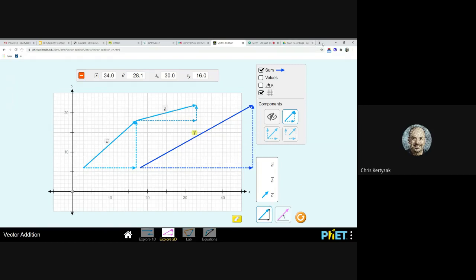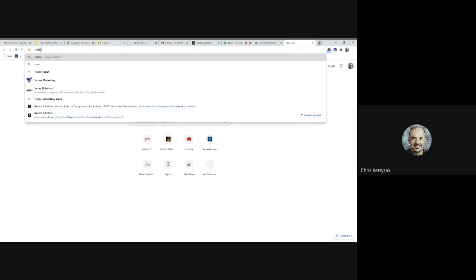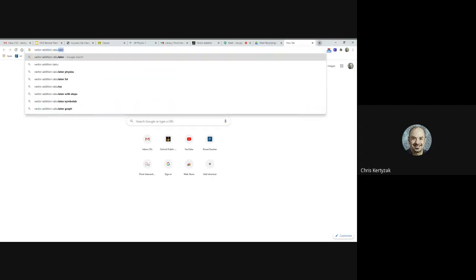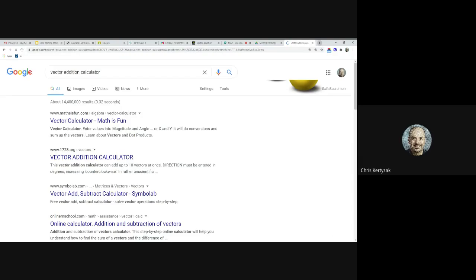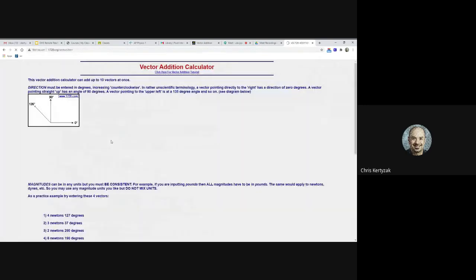And had you actually done a similar problem to just practice it, see if you can pull all these components and pieces together. I'm just going to point out that you can Google vector addition calculator. Let's try this one.